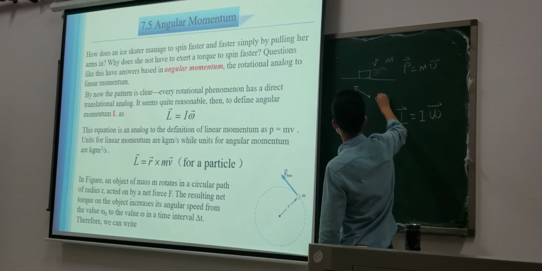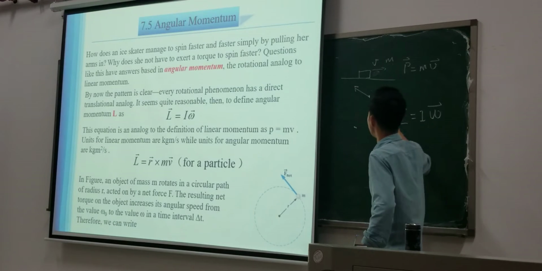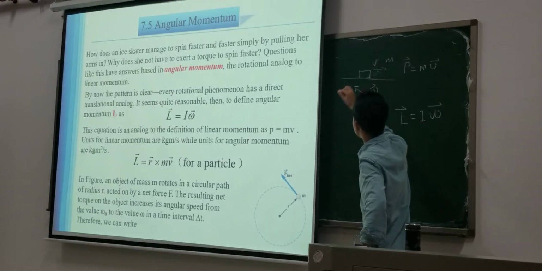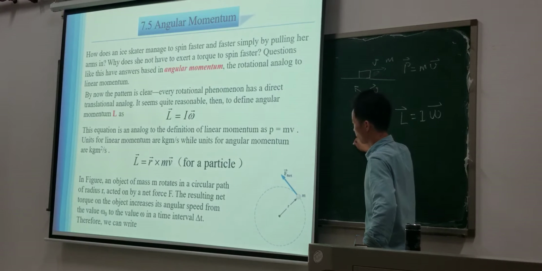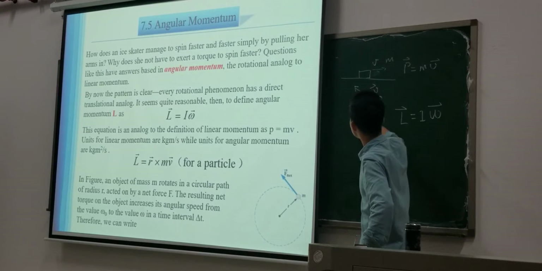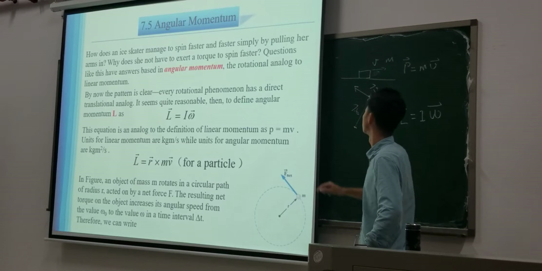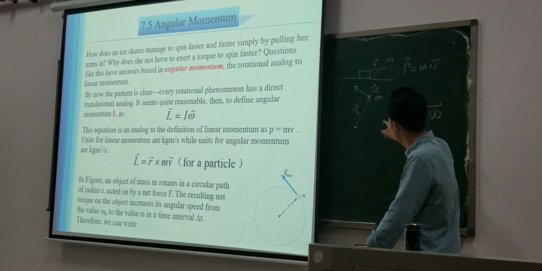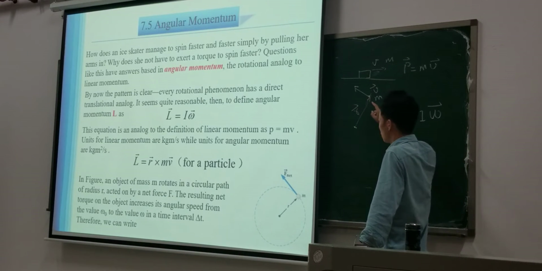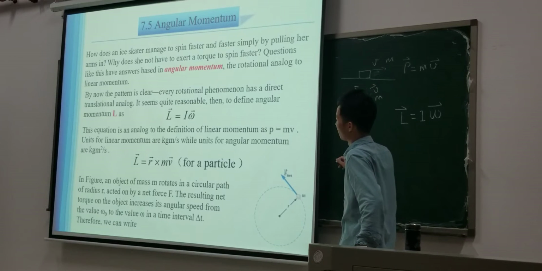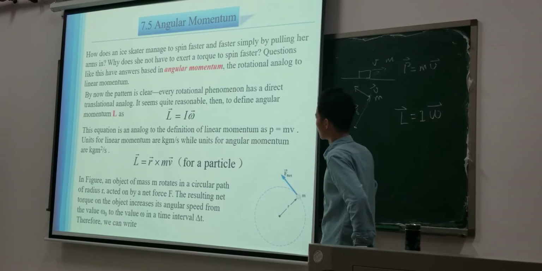The mass is m, and the velocity is v, and this is a reference point. The position vector is r. So for this particular particle, we can also define the angular momentum.